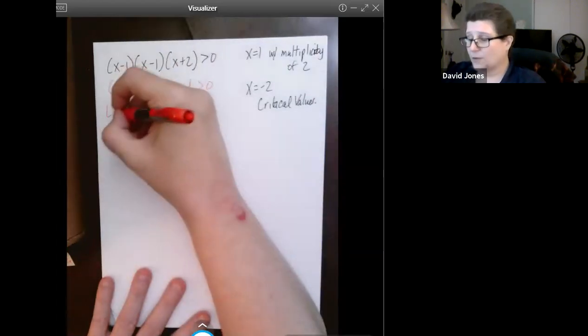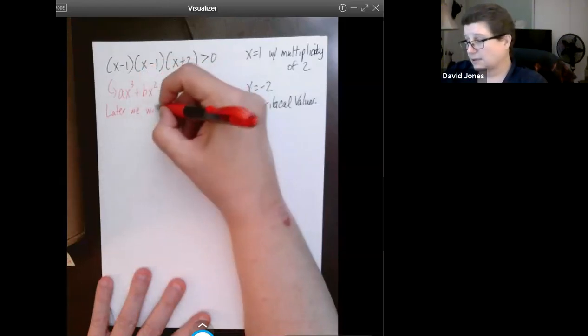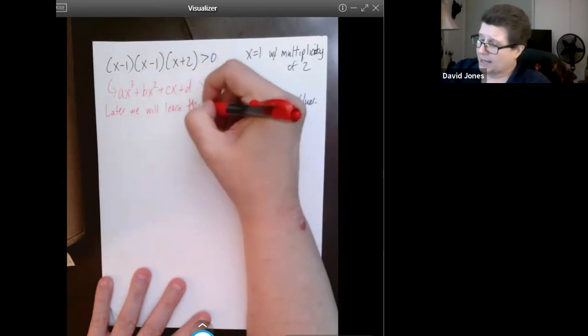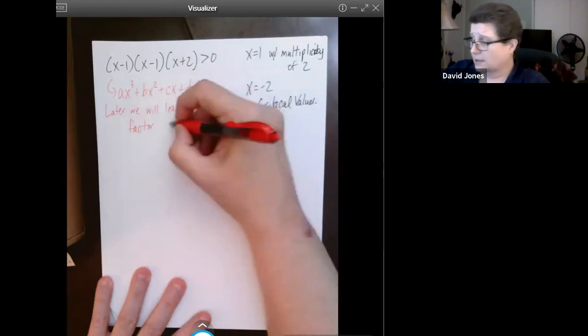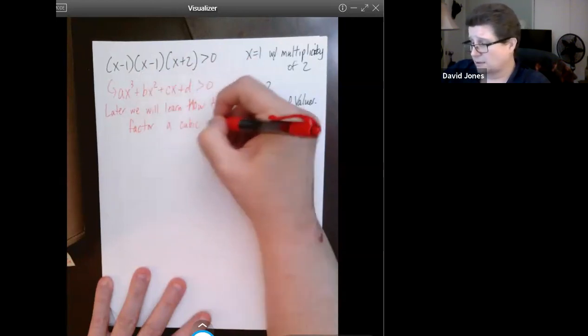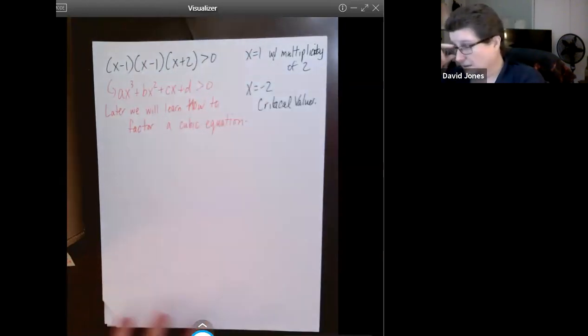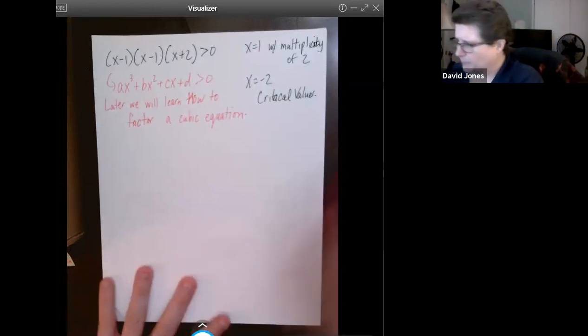Later, we will learn how to go backwards, how to factor a cubic equation. But I'm starting you with it in factored form.